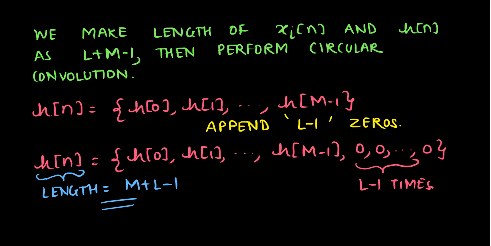Now we need to do a similar thing for xi of n, but instead of appending zeros, we do something else. So let's see what we are going to do. This is x of n, which starts from here, and is split into L length blocks.